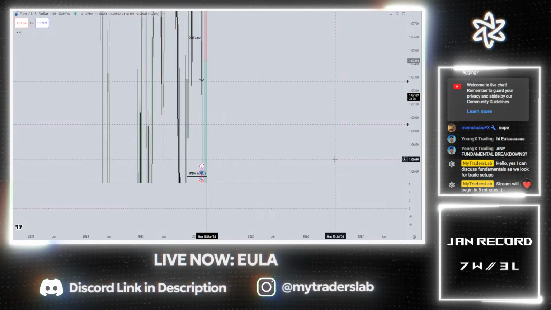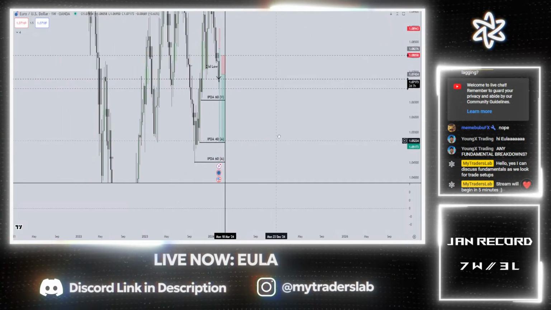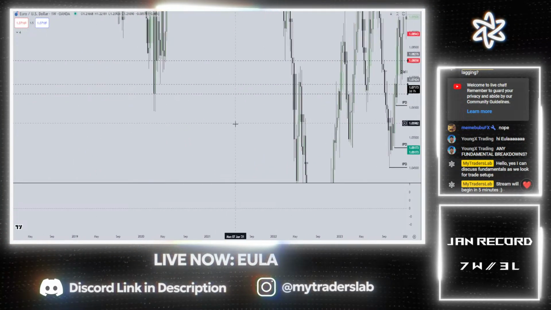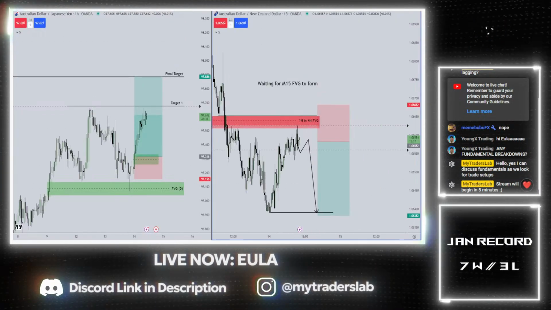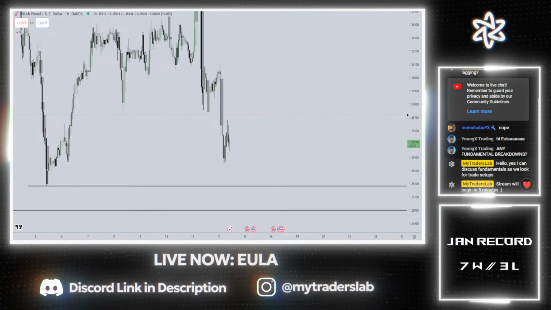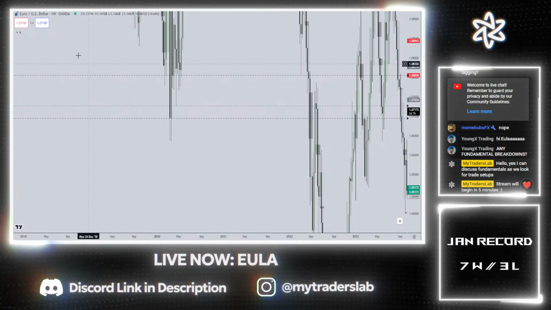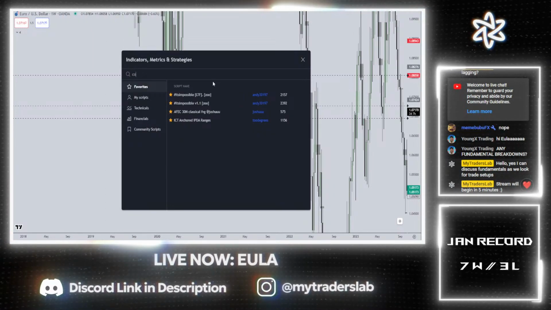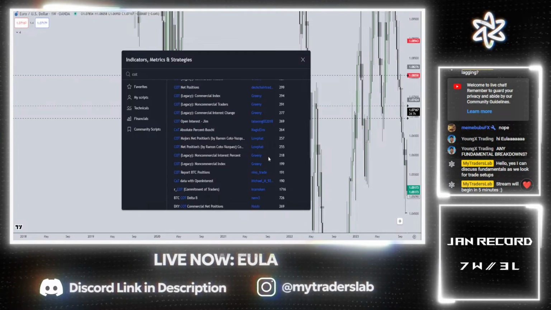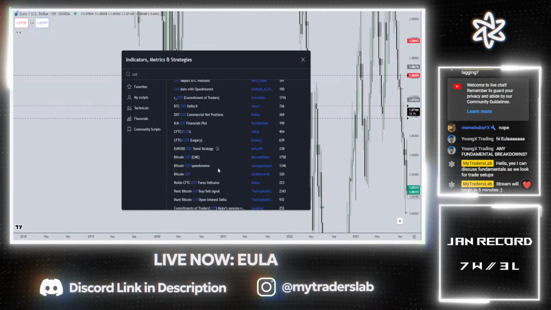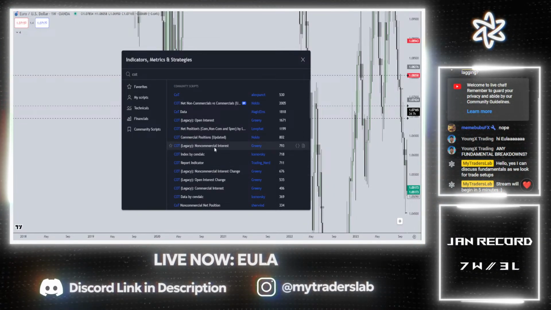We're going to weekly. Just ignore the charts because it's really messy right now. And I'm trying to find a good COT data to inform you guys. Just give me a second, yeah. I used to have a really good indicator for the COT, but it's gone now.